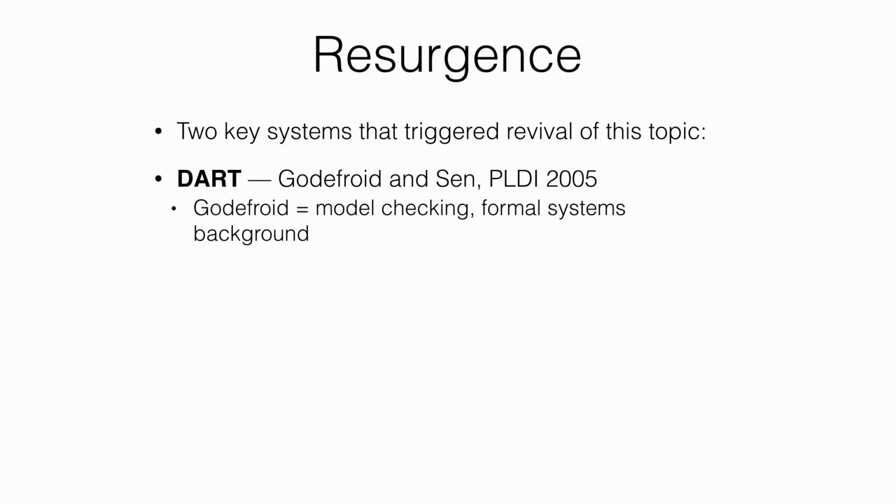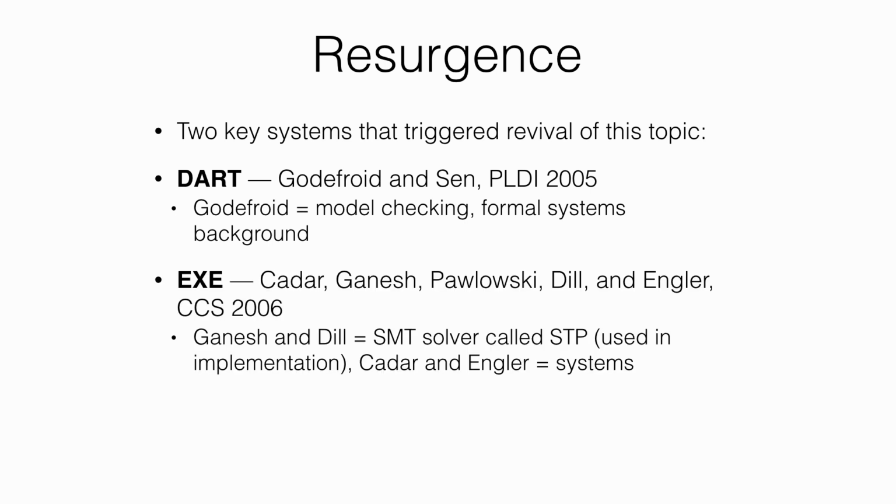In the mid-2000s, two key systems triggered a revival of symbolic execution: DART, developed by Godefroid and Sen and first published in 2005, and EXE by Cadar, Ganesh, Pawlowski, Dill, and Engler, published in 2006. These systems demonstrated the promise of symbolic execution by showing it could find real bugs in interesting and complicated systems. As such, it spurred interest in the topic, and many new systems have been developed since.